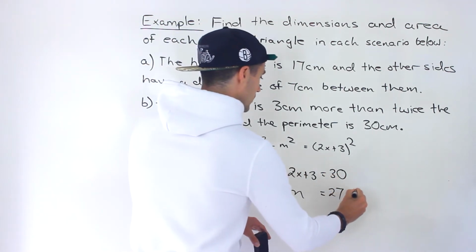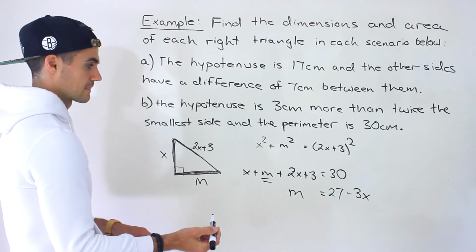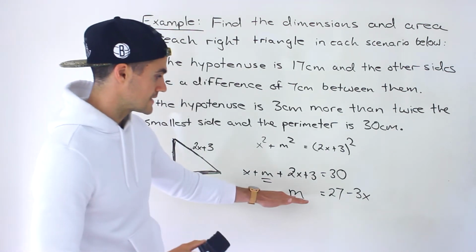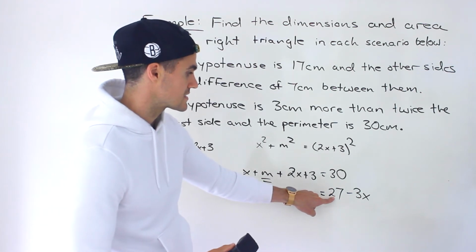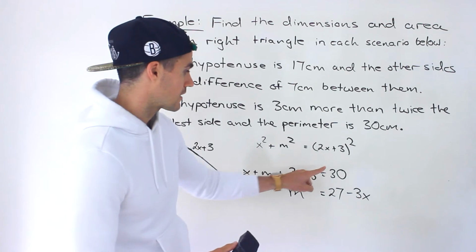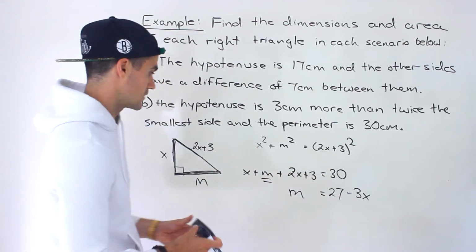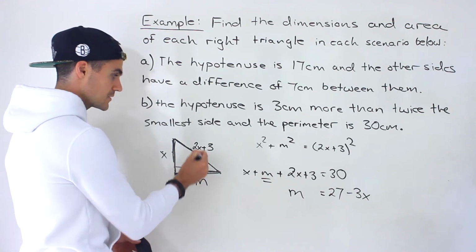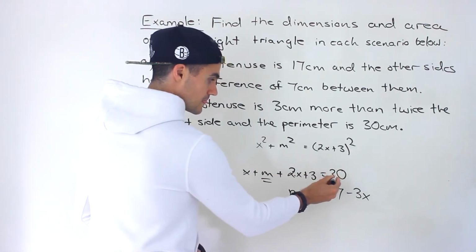Bring that over, we end up with minus 3x. So this m is equal to 27 minus 3x, and the way we're able to get that is by working with the perimeter of 30 that was given. So this plus that is equal to 30.